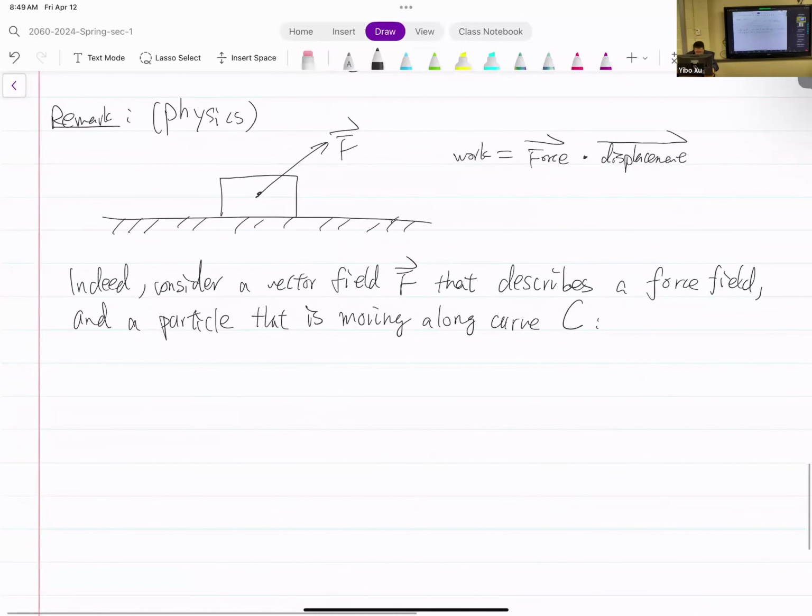So basically, let me quickly illustrate what happens in the two-dimensional plane. Here, I'm just going to sketch a vector field. At every location, you will have an assigned vector, and that's the force field.